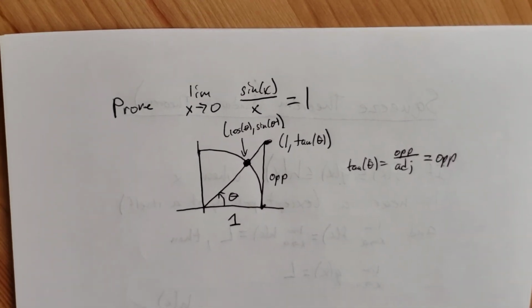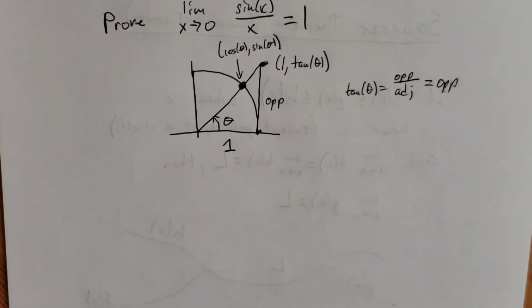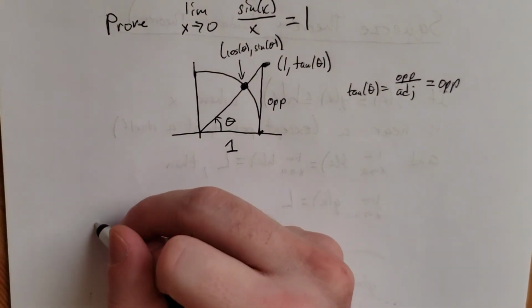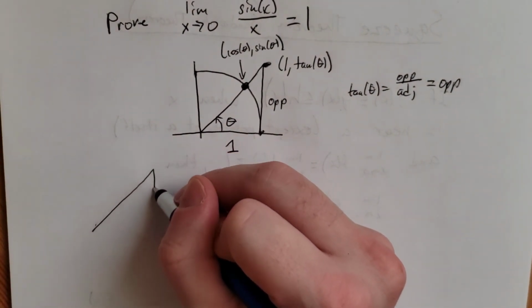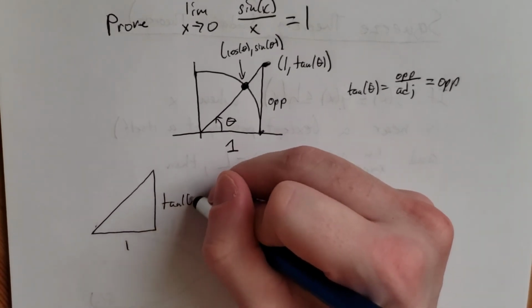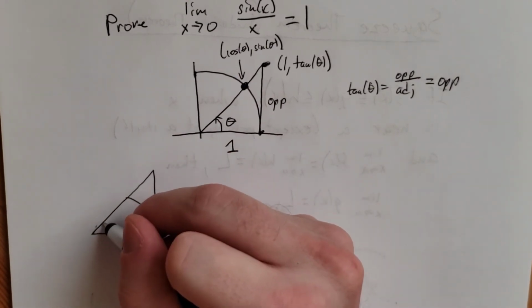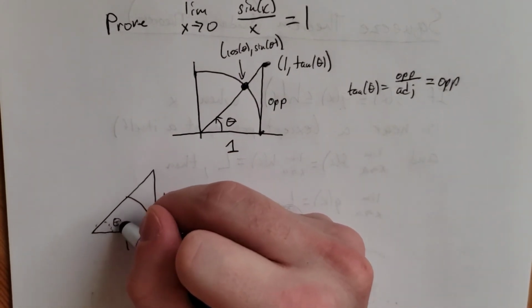Okay. So if we have that information, let's write out a couple of other things. I'm going to draw a picture, several pictures here. So this is one, this is tangent of theta. We have our sector here, and this angle here is theta.